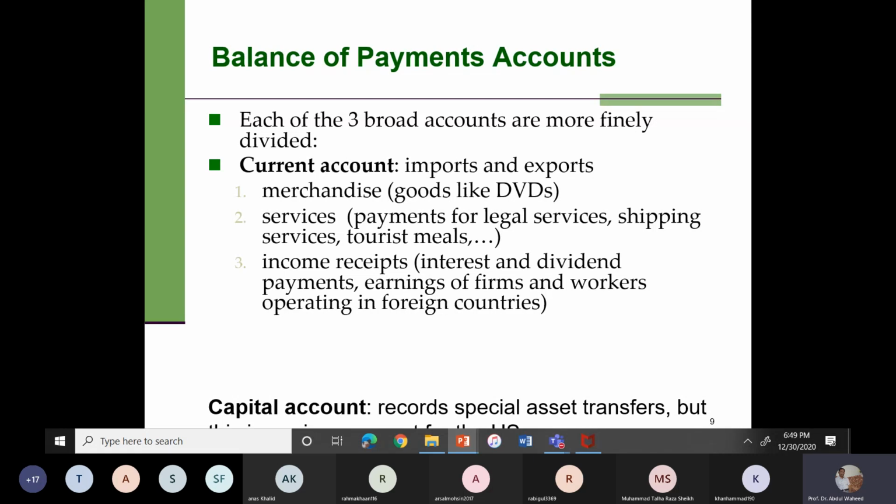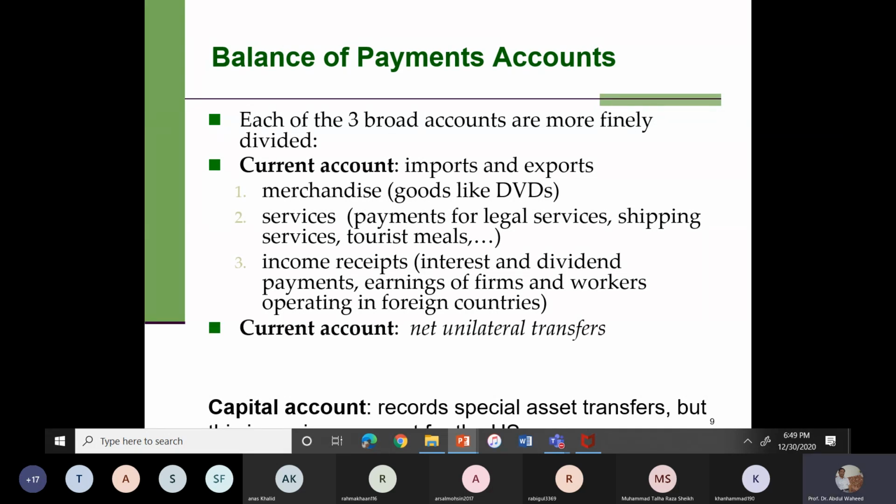Profit is also a part of the current account. Interest payment receipt is also a part of the current account. Dividend payment receipt is a part of the current account. Okay, and worker remittances. Workers who are operating in foreign countries send money to their country, so this would be a part of the current account.